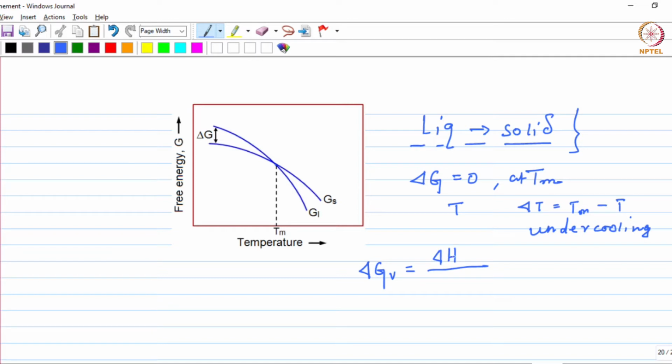So it is basically proportional to this undercooling, wherein delta HM is the latent heat of fusion.